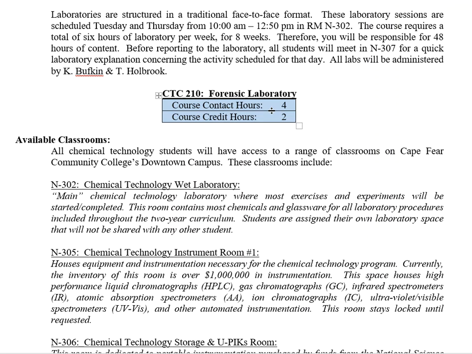Currently, this course sits at 4 contact hours, which means that out of the week, you should be devoting 4 hours of your time to this class in order to successfully pass it. The course credit hour equates to 2. So you're probably looking at this and saying 2 credits, this is probably going to be pretty easy. And I will say that a lot of this is easy, but a lot of it is very detailed and specific work.